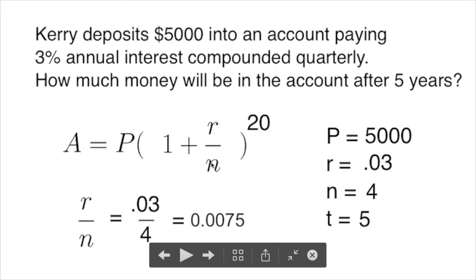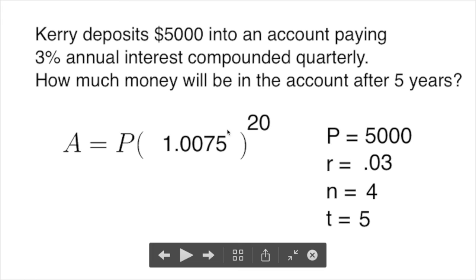Add 1 to it, because that's what we're doing here. It's in brackets, so we do this first. So add 1 to that number. You get 1.0075, and that's what we put here. All right, already you can see the formula is getting a little bit easier because now we only have 3 parts. So what this is, we raise 1.0075 to the power of 20, and then we multiply it by P, which is the principal, which is 5,000.